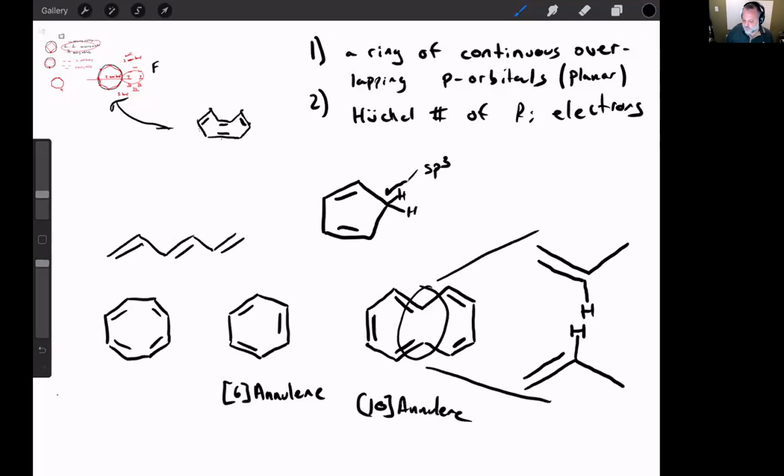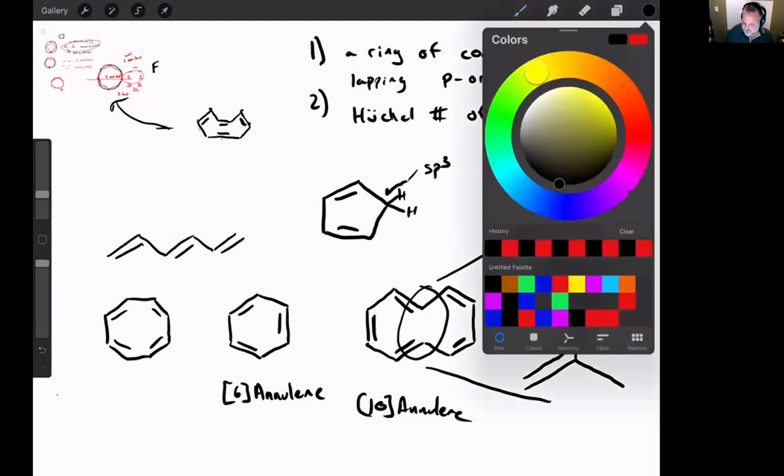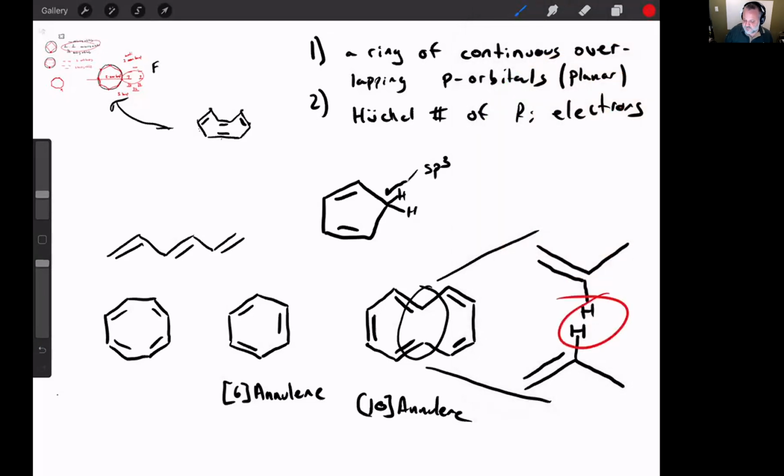And so actually what happens because of this steric hindrance between these two hydrogens is that the molecule distorts, and what seems like a continuous planar set of unhybridized p orbitals actually stops being so. And so it turns out that that structure isn't aromatic.